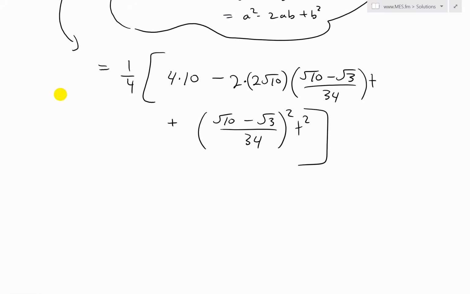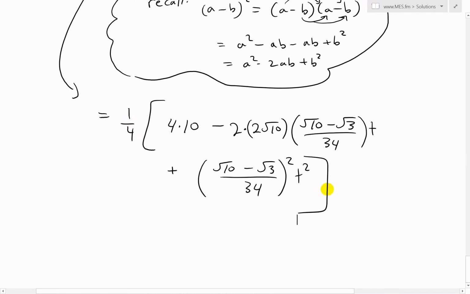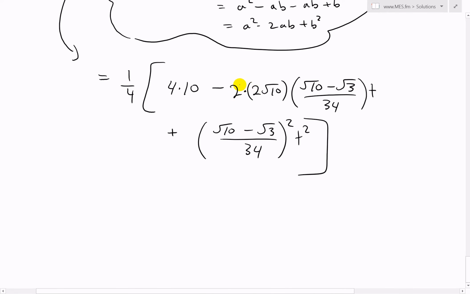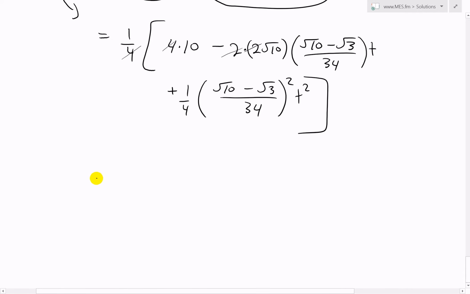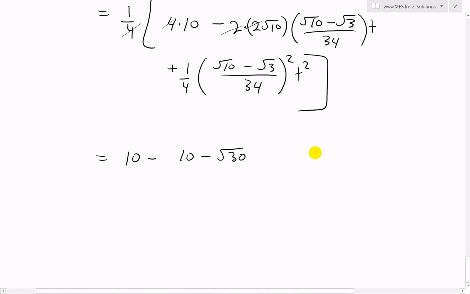And now we can simplify this even further by multiplying this 1 over 4 inside. This 2 times 2 is 4. So if we multiply this in, this cancels, this cancels, this all cancels, but then we have a 1 over 4 here. And also this square root 10 multiplies inside, so this becomes 10 minus square root 10 times square root 3, that's just square root 30, divided by 34, and then we have a t there.